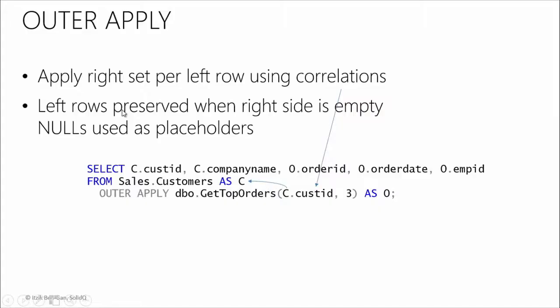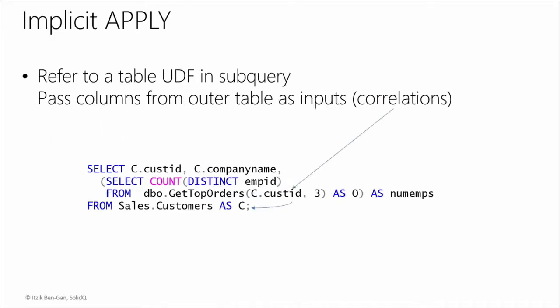All right, so this would be the outer apply operator that basically adds a logical phase to the cross apply operator where we preserve the left rows even if we didn't get any matches back from the right side. And then there's a third version of the apply operator, but one that doesn't explicitly use the apply operator anywhere, but still the logic and the concept is very, very similar to apply.